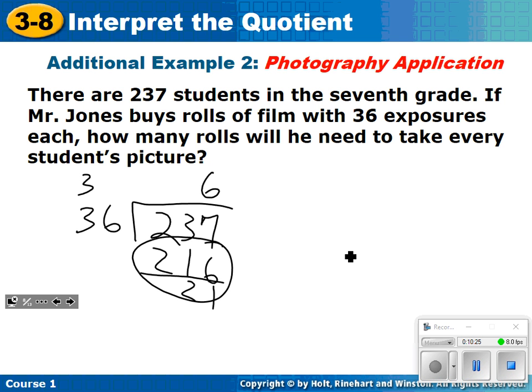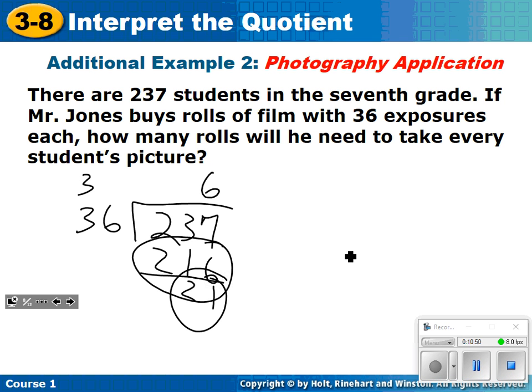Is there going to be extra pictures left? Yeah. But that's better than leaving 21. And remember, what this 21 represents is how many students would be left if I only bought 6. There'd be 21 really sad students without their photos taken. Don't make it in the yearbook.